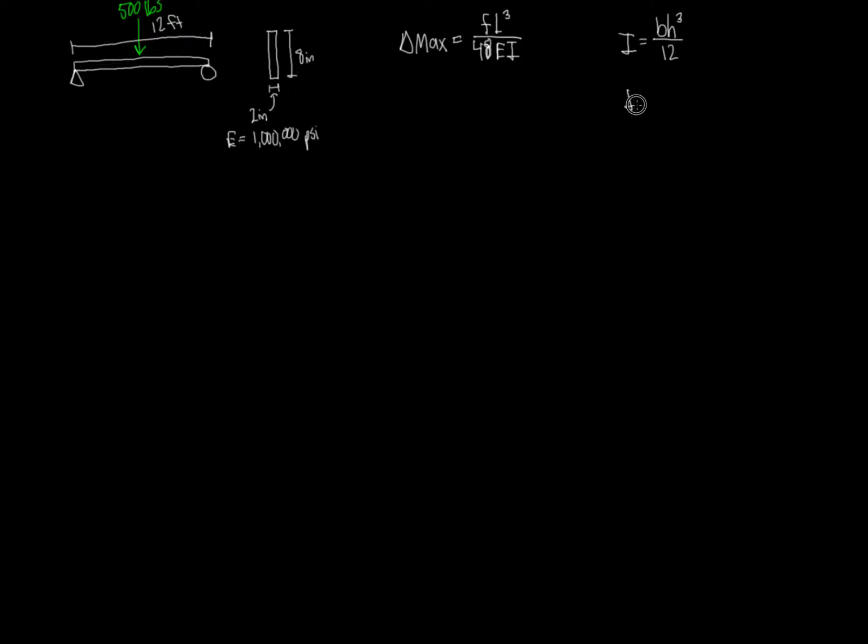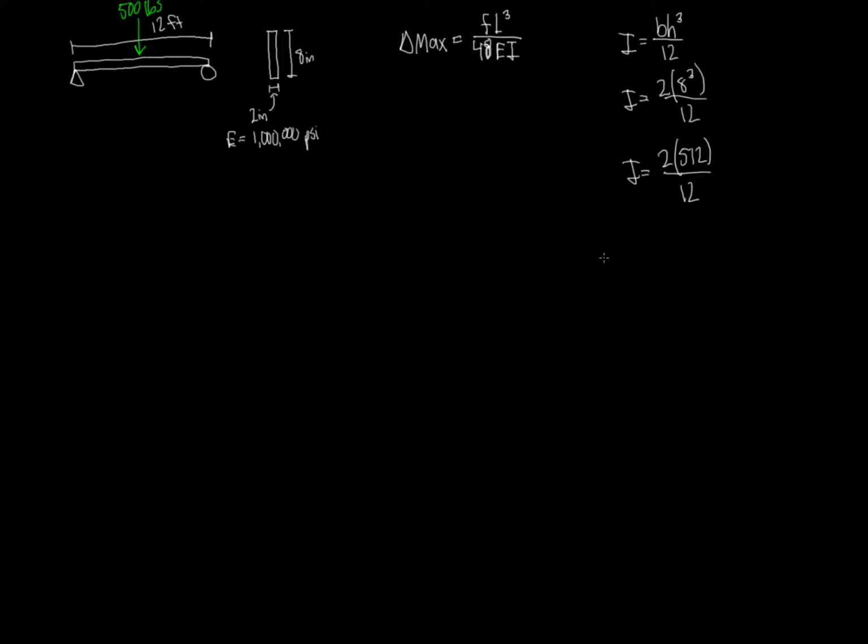So we have I equals, the base in this case is 2. The 8 is the height. We're going to cube that and divide by 12. So we're going to do 8 cubed, and we're going to get 512. So 2 times 512 divided by 12.